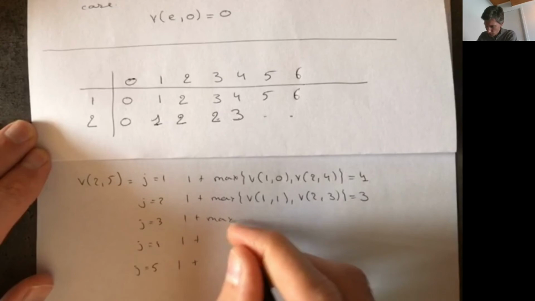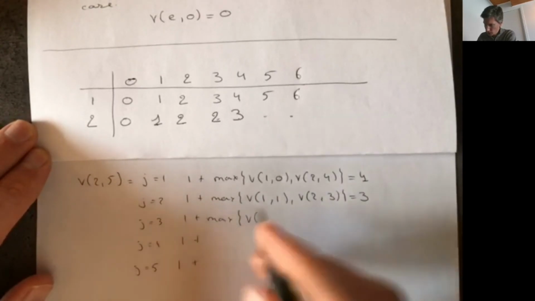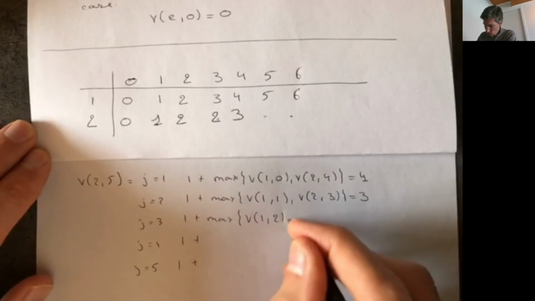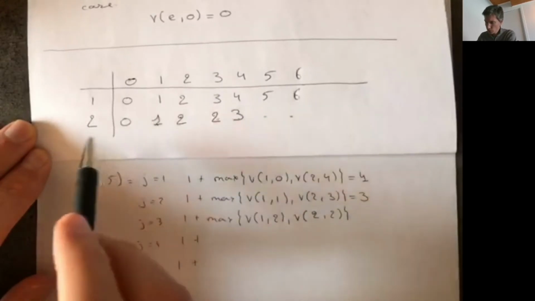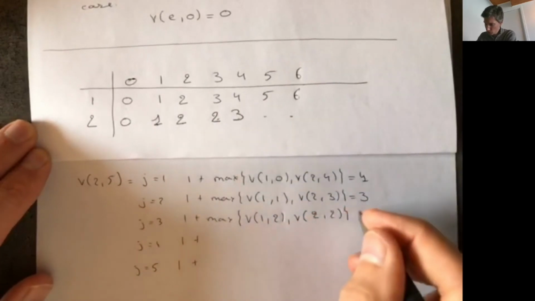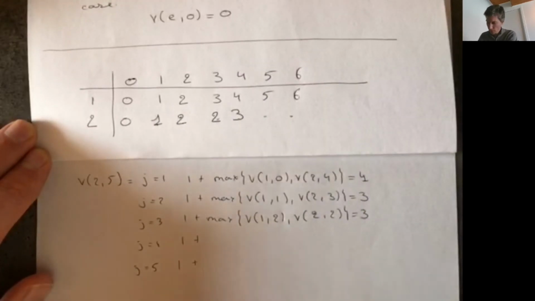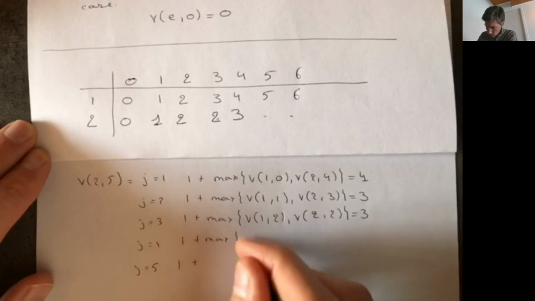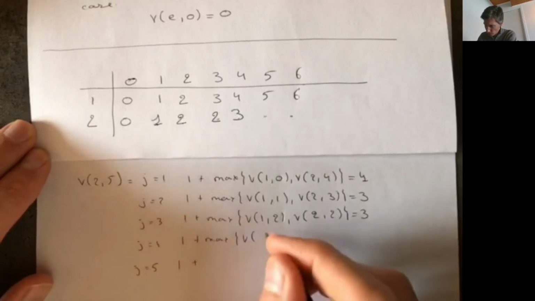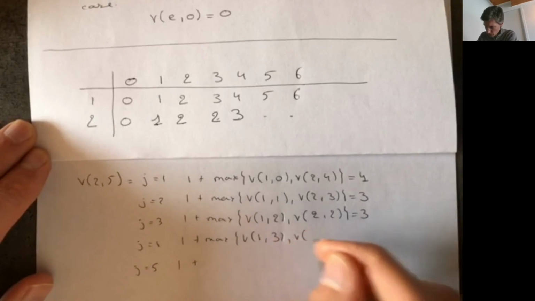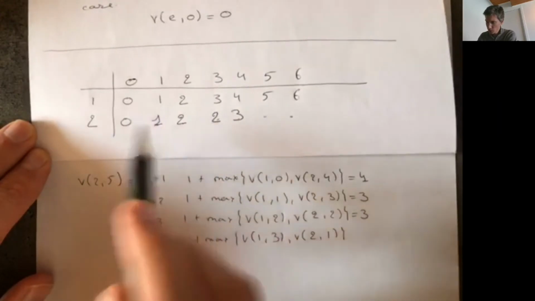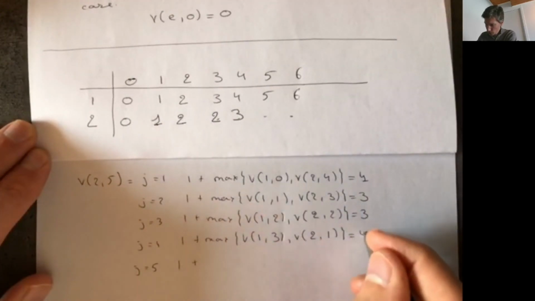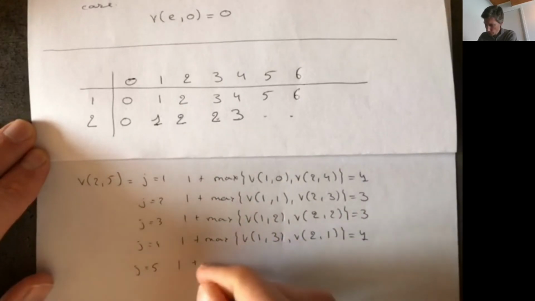You have the maximum of v1,2 and v2,2. v1,2 is 2, v2,2 is 2, maximum is 2, plus 1 is 3. You have the maximum of v1,3 and v2,1. v1,3 is 3, v2,1 is 1, 3 plus 1 is 4, so this is not going to be optimal.